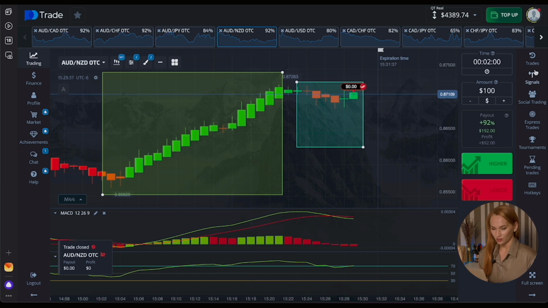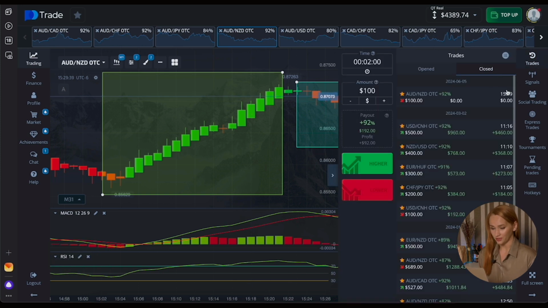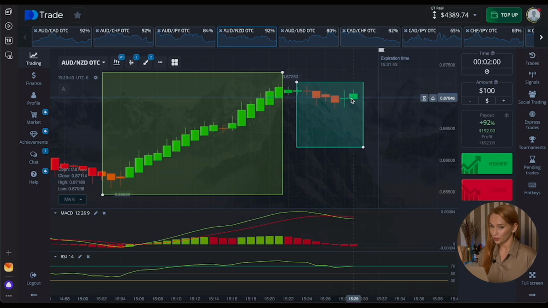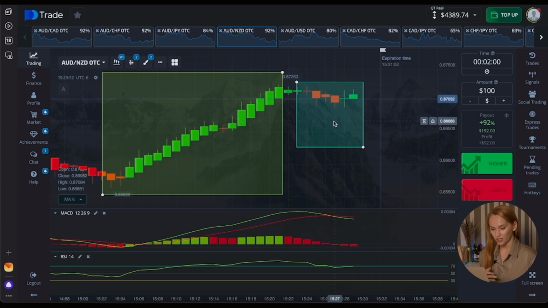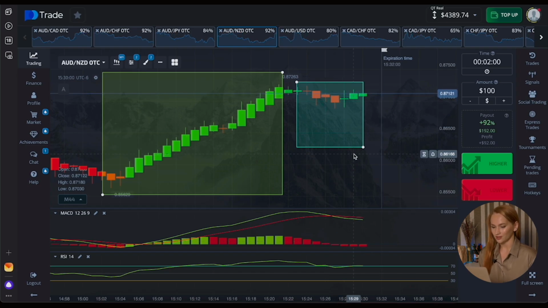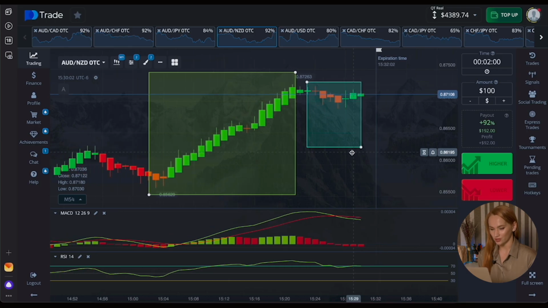Pay attention, we got the negative deal, but if we look closely, we actually entered too early. We should have held on for the downtrend to be more stable, and then we could be sure to put. And unfortunately, the trend just wasn't stable enough.